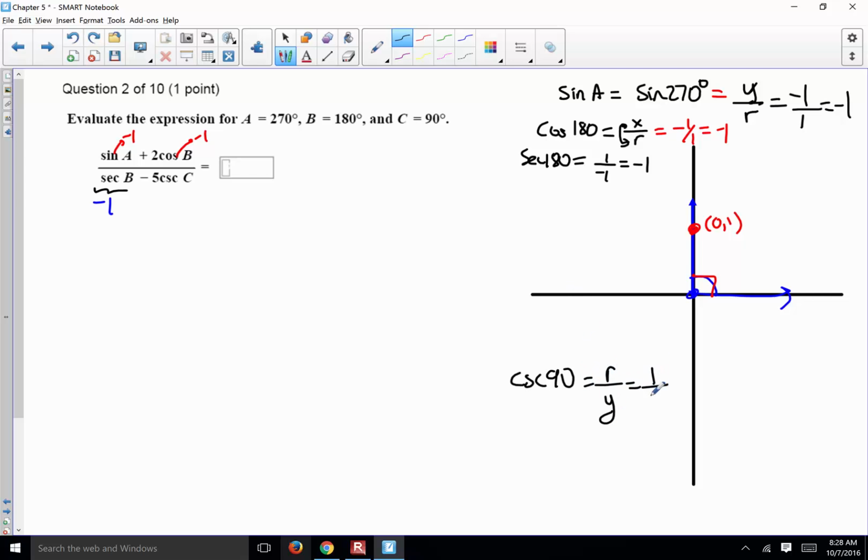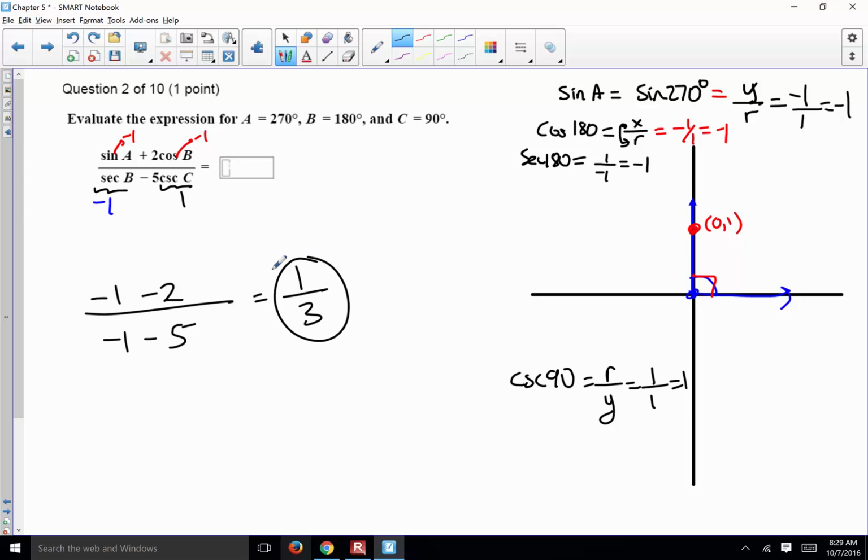R is 1, y is 1, that's 1. And in total this is what you have: -1, -2, -1, -5. Why? Because 5 times 1 is 5. 2 times -1 is -2. There are numbers in front. And this is 1/3. Okay? No, 1/2. -3 over -6. That's 1/2, yes.